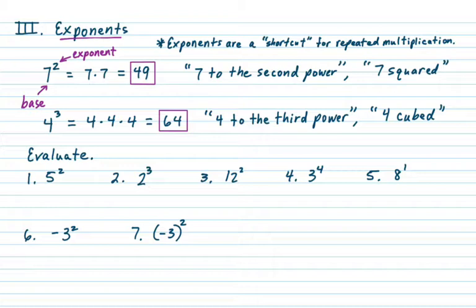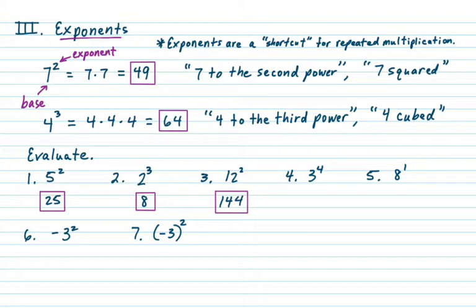All right, so on number 1, you have 5 squared. That means 5 times 5, which is 25. On number 2, you have 2 cubed, which is 2 times 2 times 2, or 8. Number 3, 12 squared is 144.